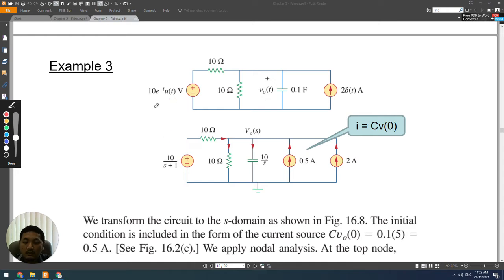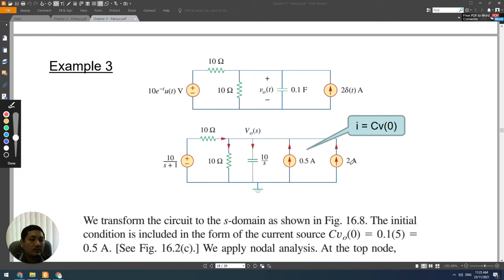This is straight from the Laplace transformation table. And then we have 2 delta(t) here. Same thing in the Laplace transformation table, 2 delta(t) gives us 2 ampere. There's no S in this current source.